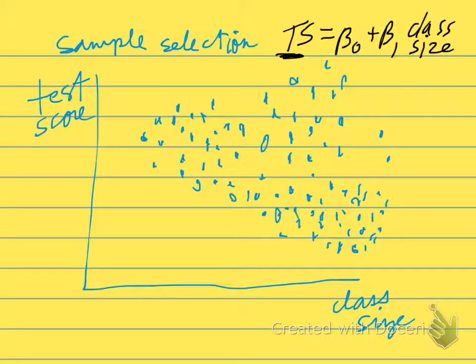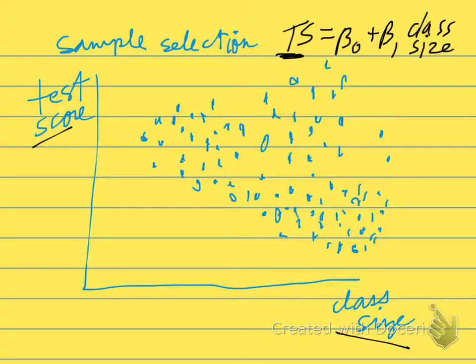Suppose we have a scatter plot of class size and test score, and we have a bunch of observations for, say, school districts or individuals, and these observations look like this. And imagine if we instead had an alternative test regime where it was voluntary for schools to test.